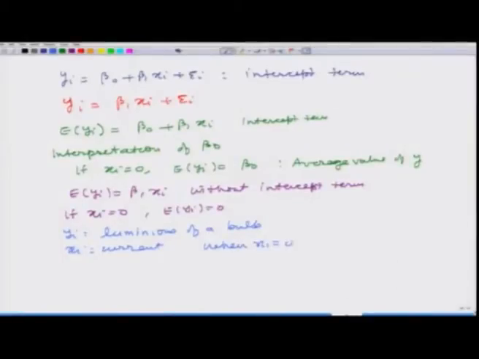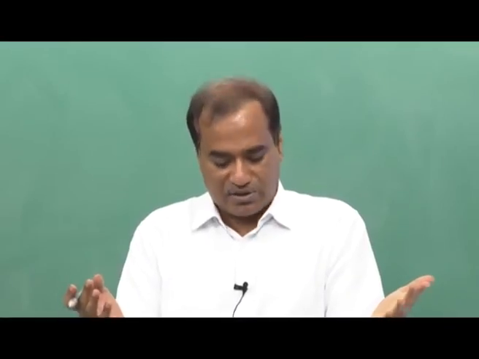So, when xi is equal to 0, the average value of yi is always 0, and in this case I would like a model without an intercept term. So, there are situations in practice where sometimes I have to consider a model with an intercept term and sometimes without, and based on that I would like to show you in this simple framework what happens to the estimates of the parameters.